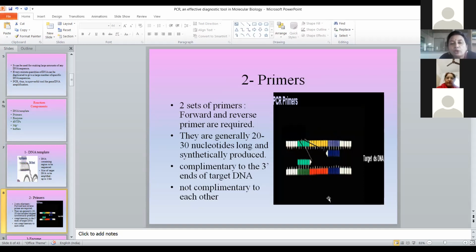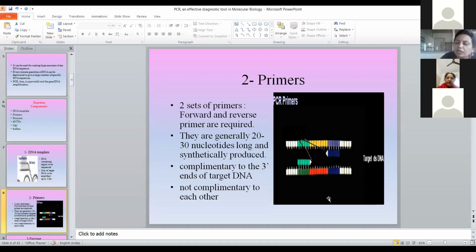The primers are complementary to 3' end of the target DNA. The target DNA to be amplified has 5' to 3' end, and primers are complementary to 3' end. That means they attach at the 3' end of the target DNA or template DNA. And the primers are not complementary to each other. If the primers are complementary to each other, they themselves will hybridize.